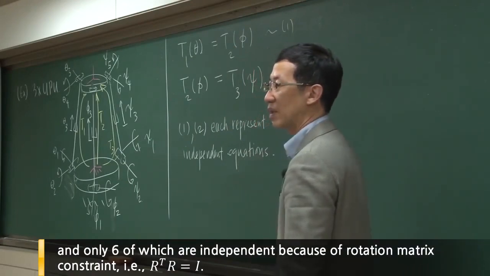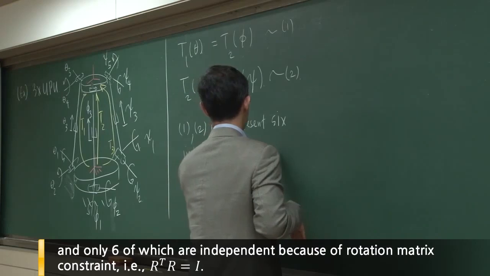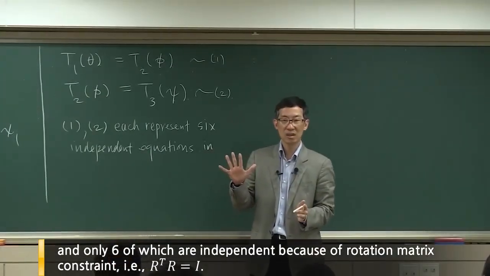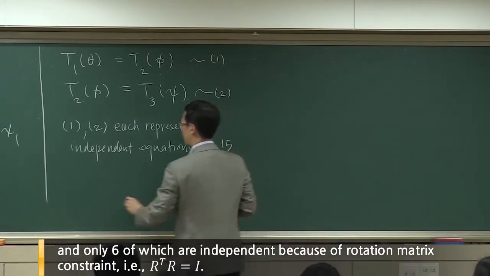And now how many joint variables are there? Let's see, there's theta, phi, and psi. Each are 5-dimensional. So we have 15 variables.